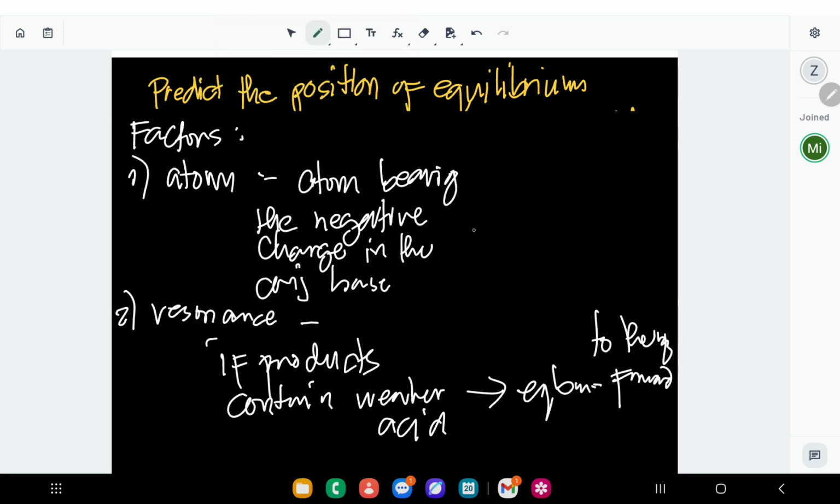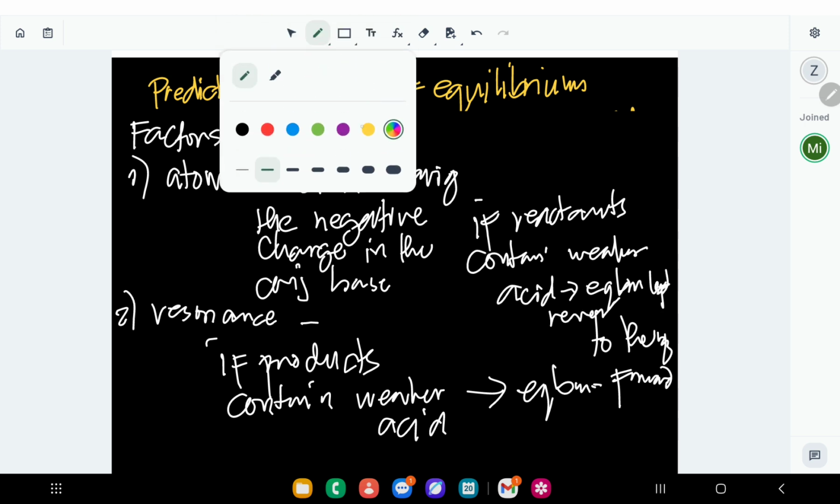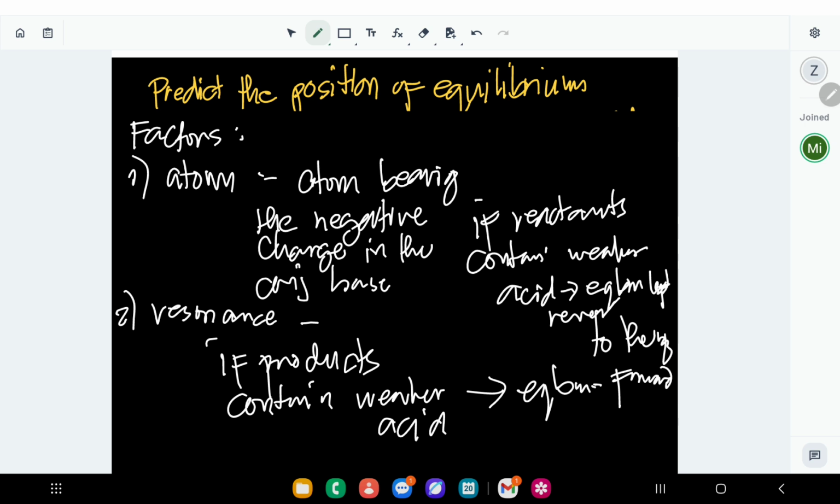Then if the reactants contain weaker acid, then equilibrium is to the left, meaning the reverse reaction. So it would be easier to identify.